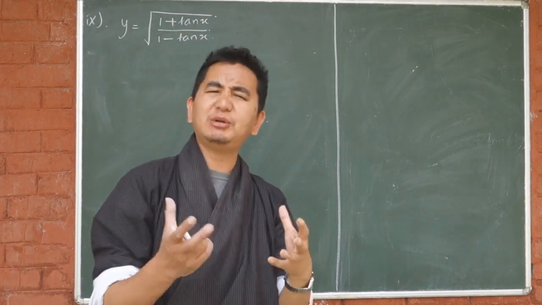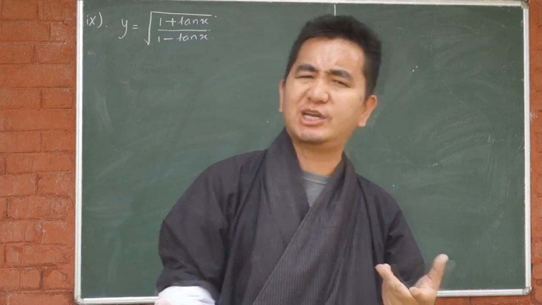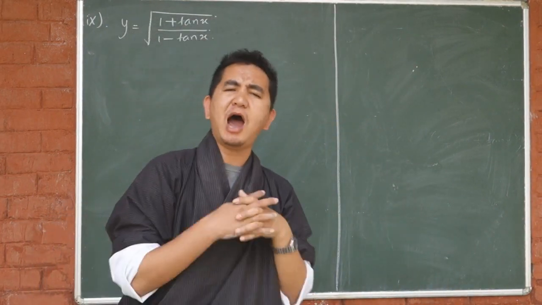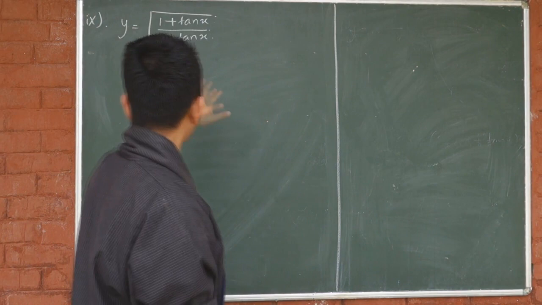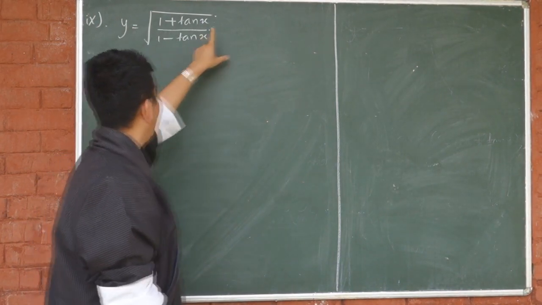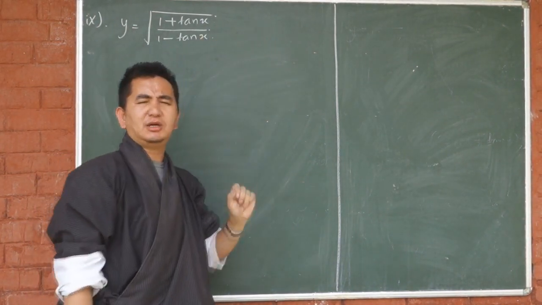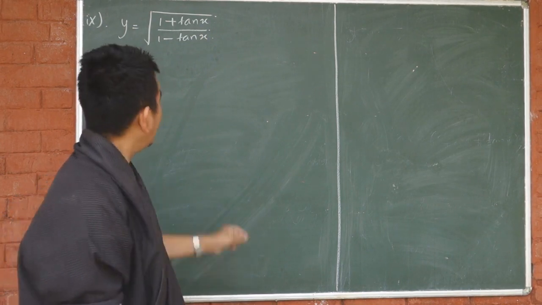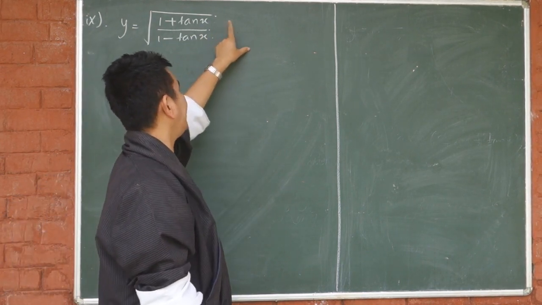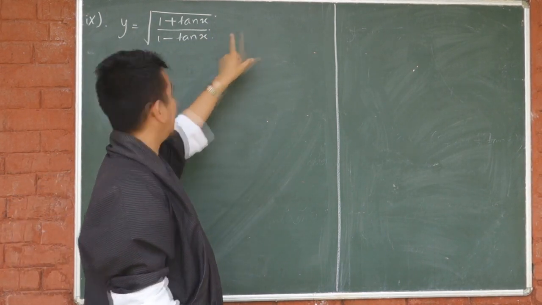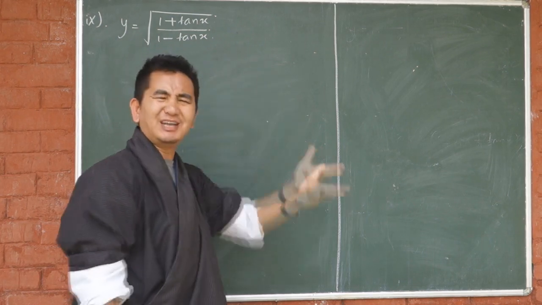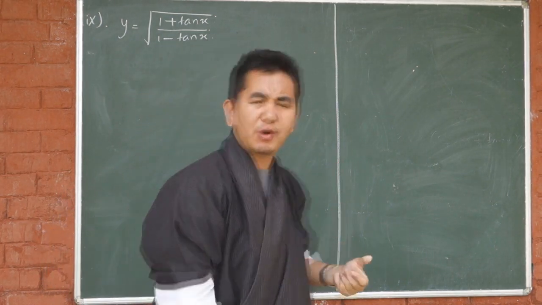But since we are dealing with trigonometry, never try to differentiate directly. Always try to use the identities as far as possible. In this case, going with rationalization is not possible here. If I go with rationalization, I will get 1 plus tan x divided by (1 minus tan x)(1 plus tan x), which is 1 minus tan square x. But what's the identity for 1 minus tan square x?